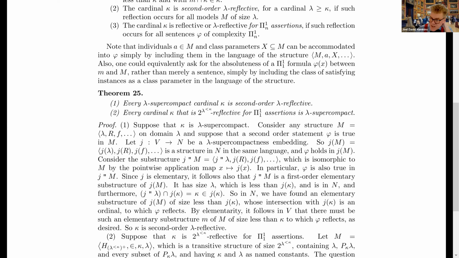And the reason is that if kappa is lambda supercompact and you have a structure M of size lambda, then you can just take the supercompactness embedding.